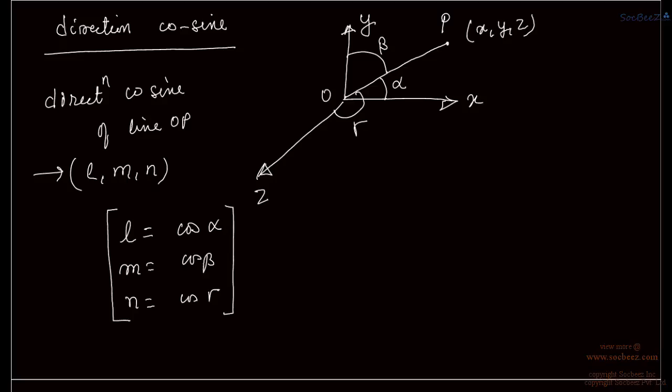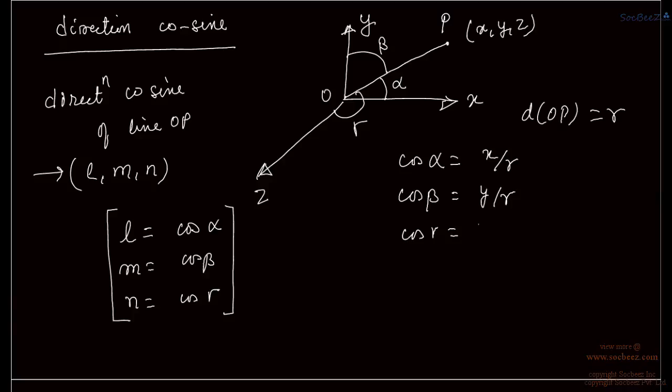Okay, so from here, if length of OP is r, then we have cos alpha as x by r, cos beta as y by r and cos gamma as z by r.